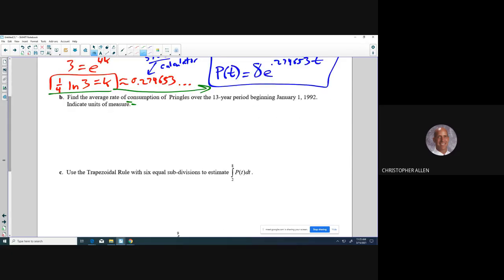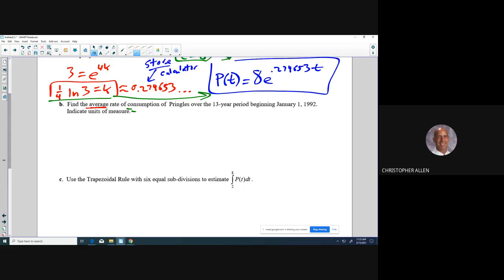Okay, part B. Now this one's kind of a tricky question because of the word average. It even says average rate, which might make some of you think, oh, I need to do the slope formula. That is not correct. This is asking us, what is the average value of the consumption function?